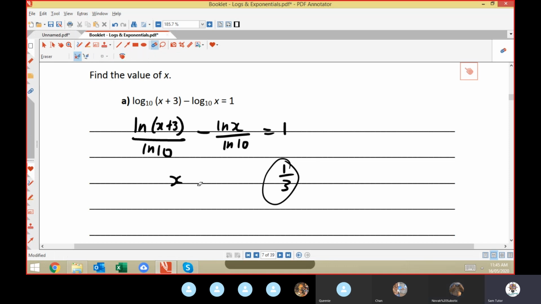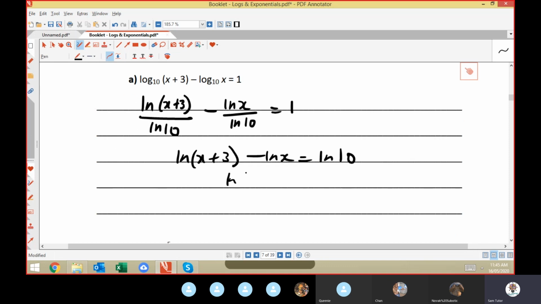So let's see what's happened. All over log 10. So you'd multiply your log 10 over. So you're up to this stage. Then you don't like this being subtracted, so you would divide. Equals log 10. Then you would get rid of your logs.